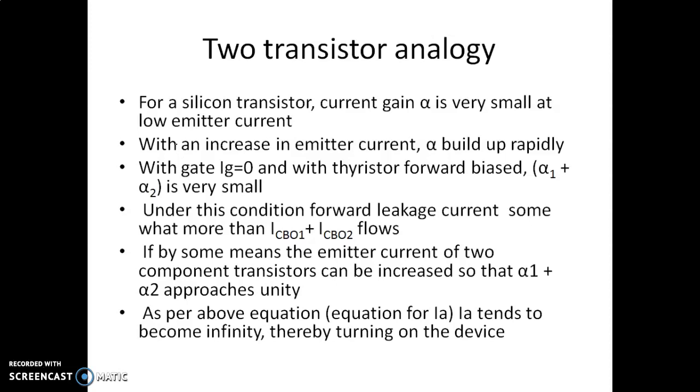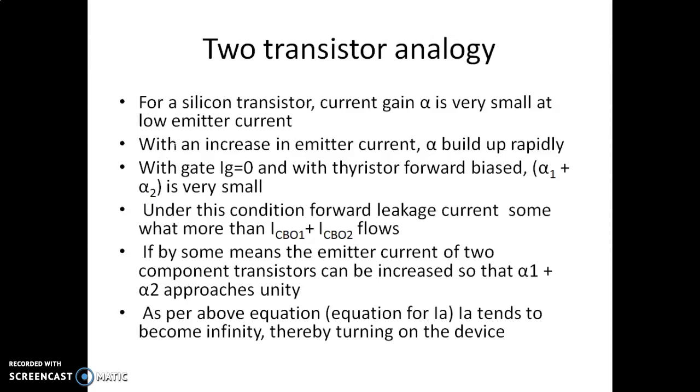For a silicon transistor, the current gain alpha is very small at low emitter current. That is a known fact. We have learned it. For low values of emitter current, the current gain alpha is very small. With the increase in emitter current, alpha builds up rapidly. With the gate current Ig equal to 0 and with the thyristor forward biased, alpha 1 plus alpha 2 is very small.